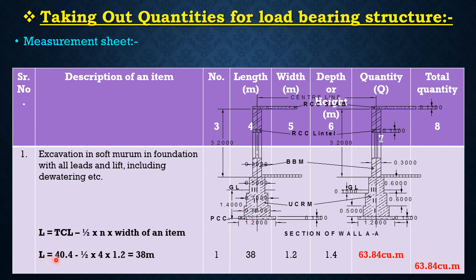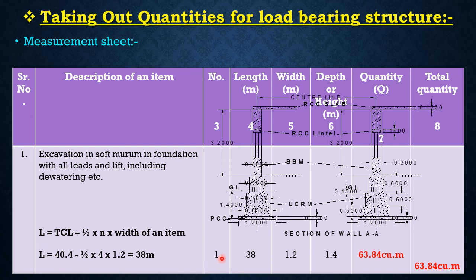Then L is equal to total center line length 40.4 minus 1/2 into number of T junctions 4 into width of an item 1.2 meter. Then the length of excavation in foundation is 38 meter.